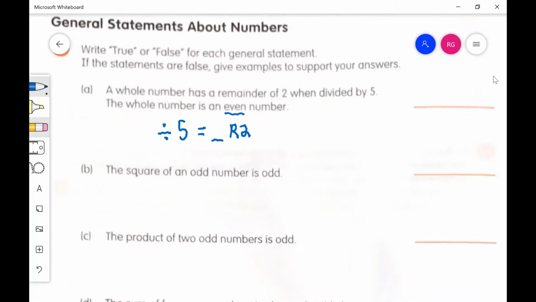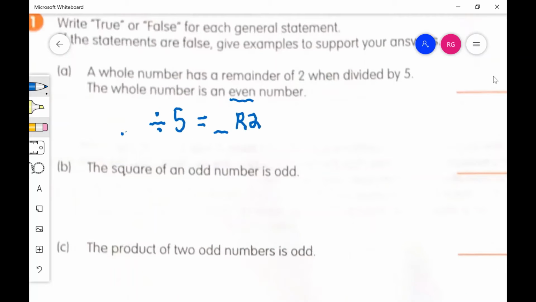Who's got an idea? What could we put? We need to know this whole number up here, really. So what divided by 5 equals blank remainder 2? Anyone have a guess?